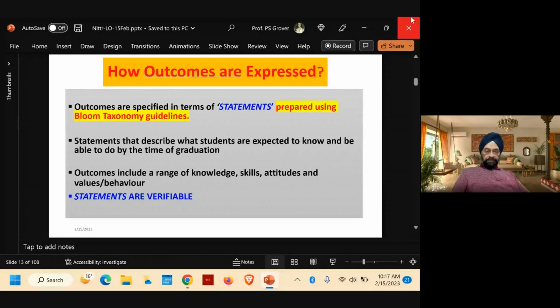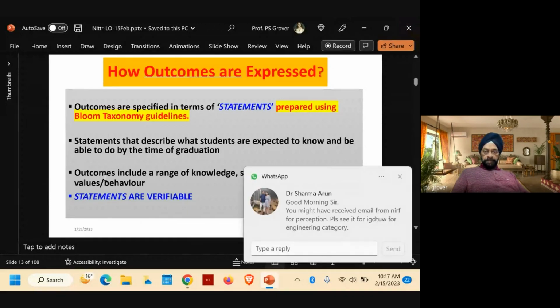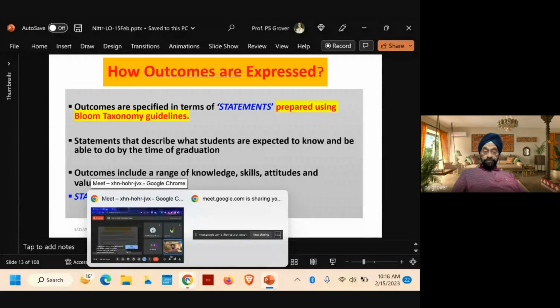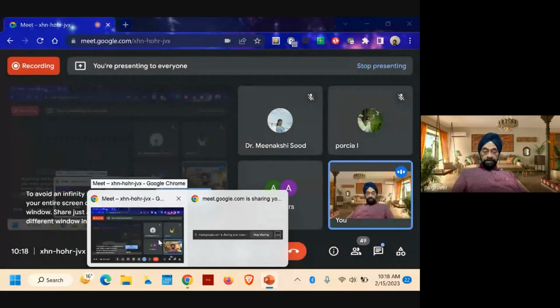Then outcomes include a range of knowledge. And then another aspect is that outcome statements are verifiable.